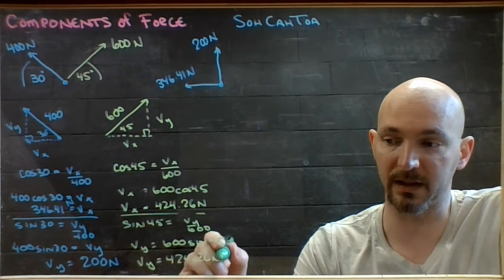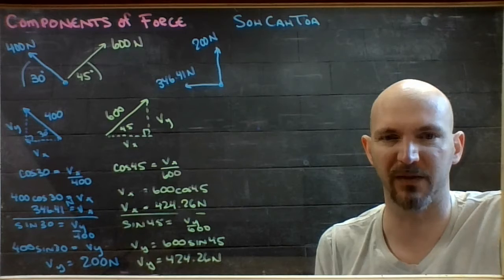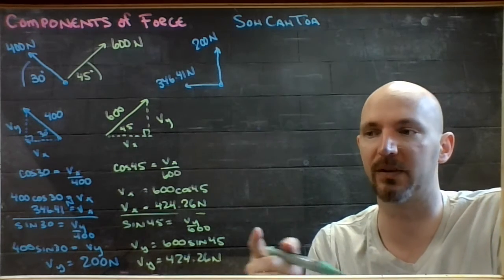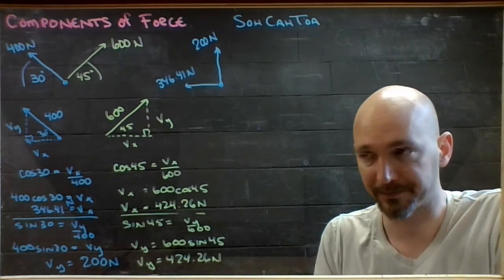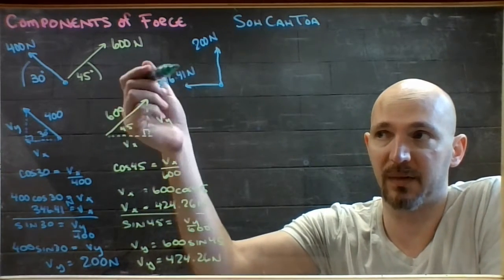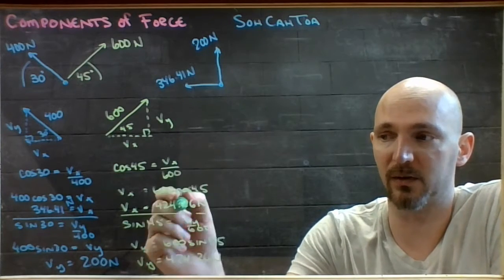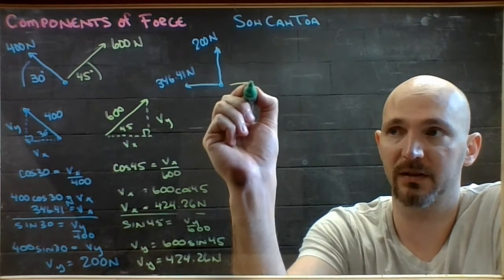It took me a minute there because I got the same number. That happens at 45 degrees, and only at 45 degrees, but you get the same number. Okay, so this 600 newtons from the green character is providing a horizontal force of 424.